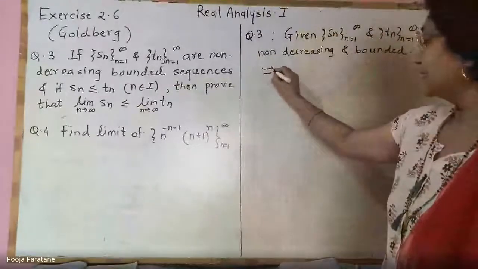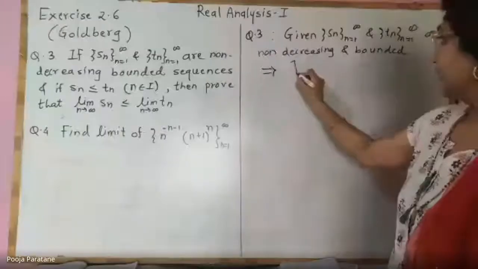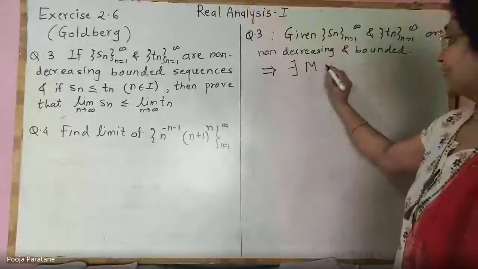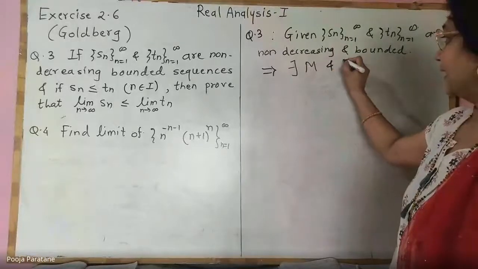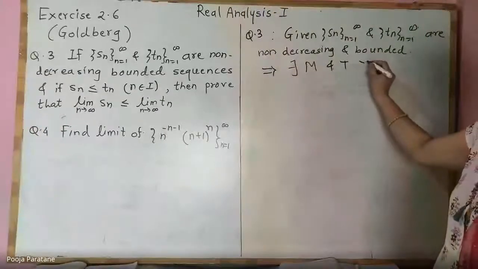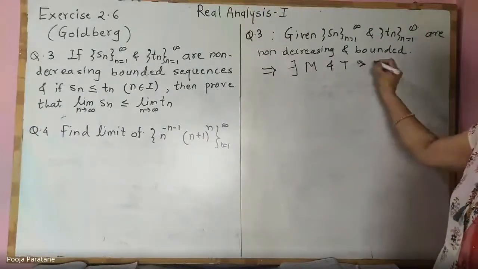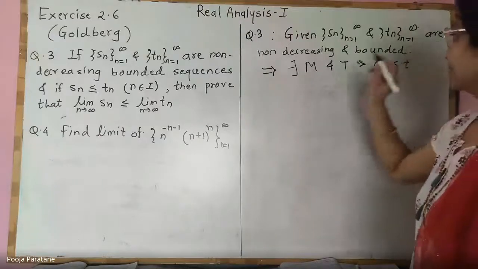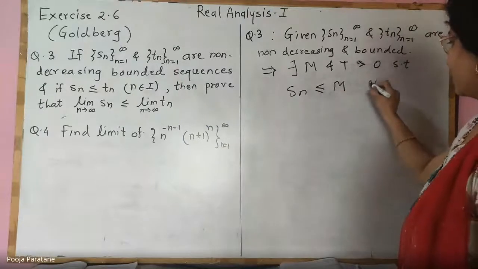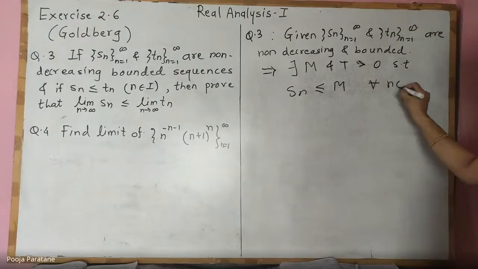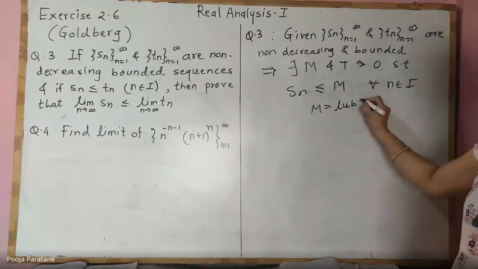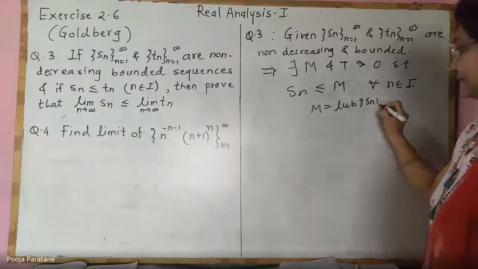This implies there exists M for the sequence Sn and T for the sequence Tn, greater than 0, such that Sn is less than or equal to M for all n belongs to I, where M is the LUB of the sequence Sn.